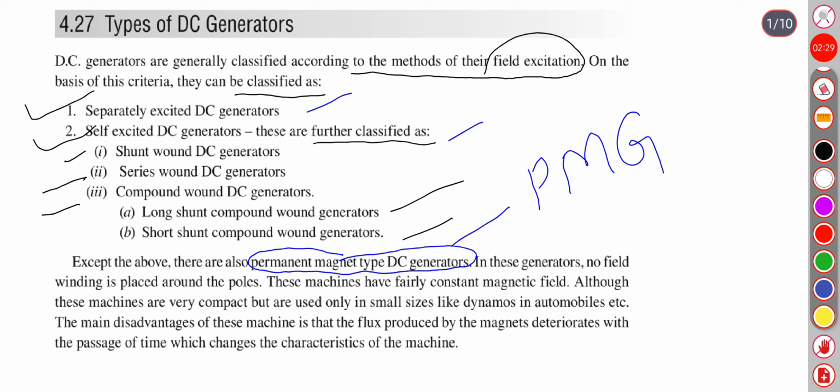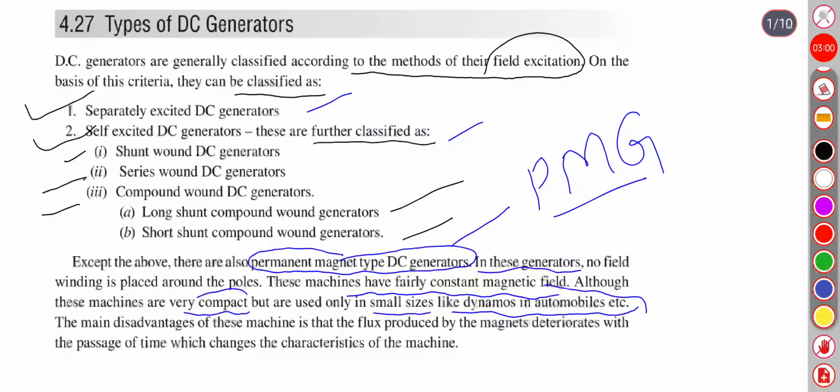In these generators, meaning PMG, no field winding is placed around the poles. These machines have a fairly constant magnetic field. Although these machines are very compact, they are used only in small sizes, like dynamos in automobiles.